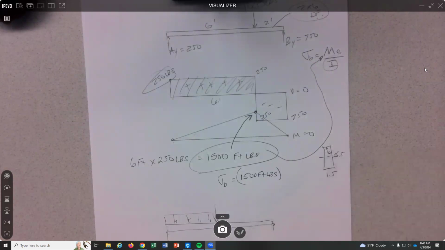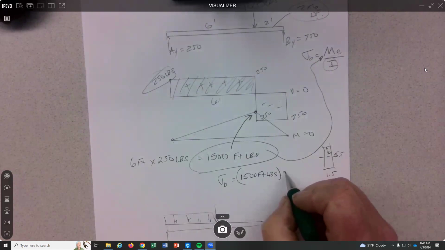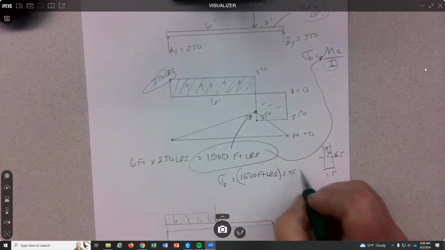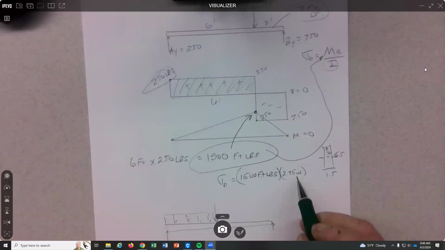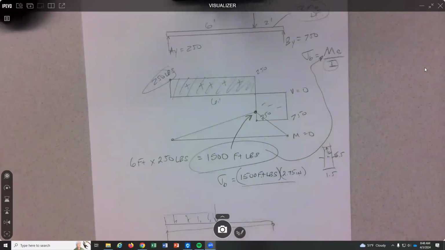So what's that, 2 3/4 inches. So you have to be careful because you have feet and inches, that's got to be dealt with. And then it's over the inertia, and I would just look the inertia up for a 2 by 6.